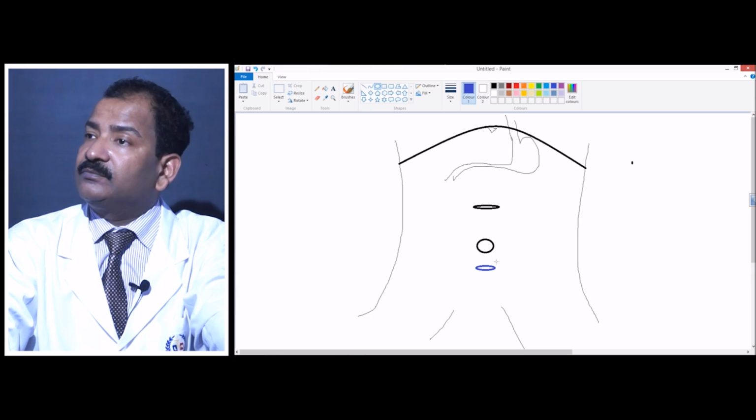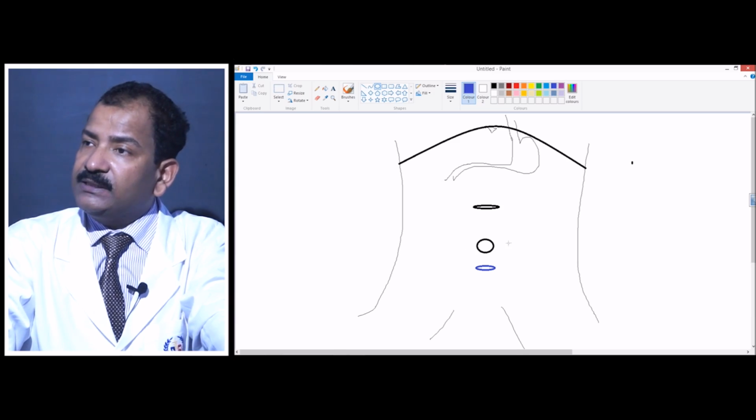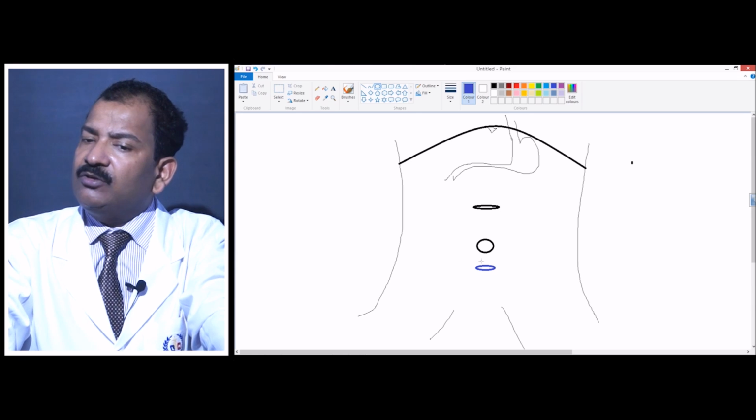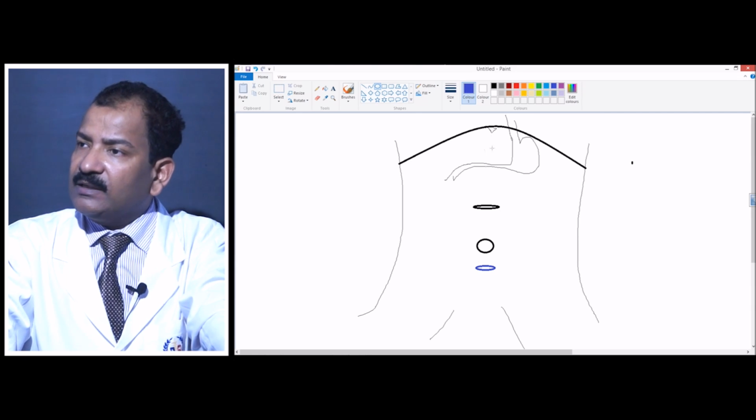But the umbilicus is not a fixed point. That is why in general surgery we have to calculate from the xiphisternum, but in gynae procedures you do not have to calculate from the xiphisternum.